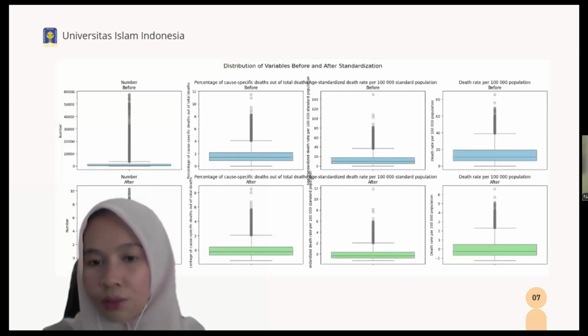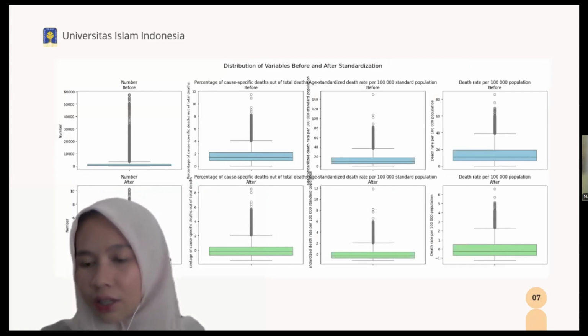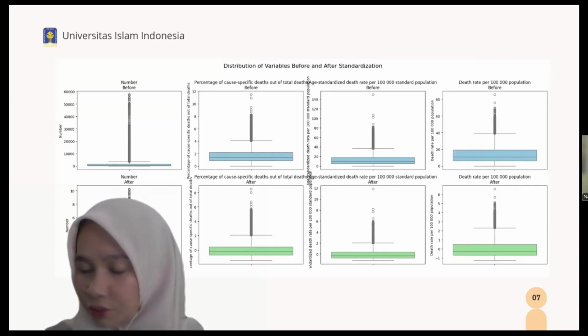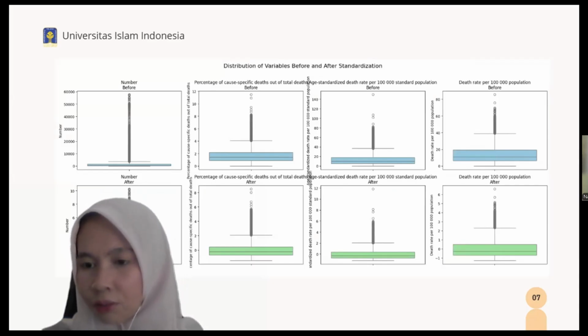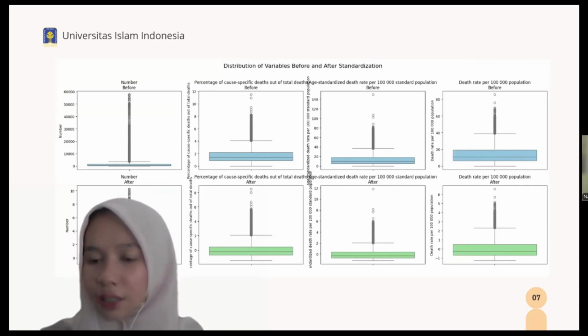To address this issue, we apply StandardScaler. This technique adjusts the variables so that they have a mean of 0 and standard deviation of 1, making them comparable on the same scale.